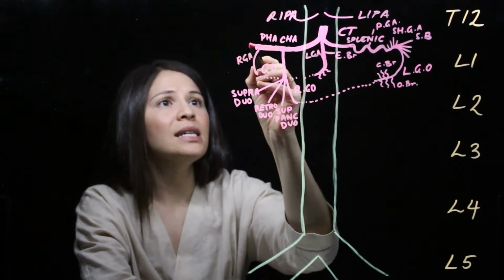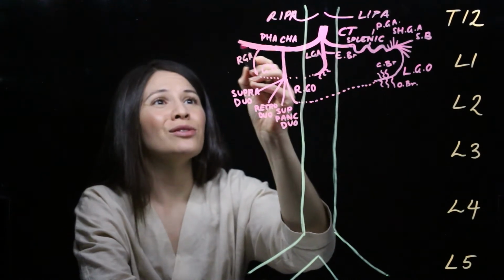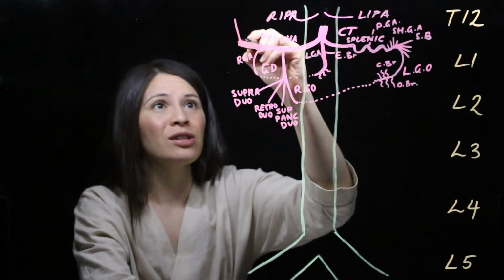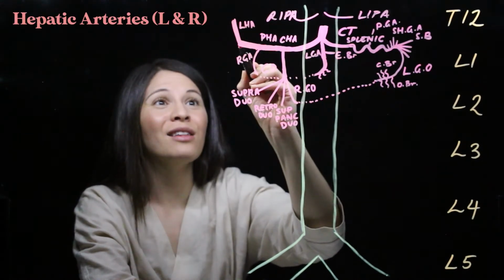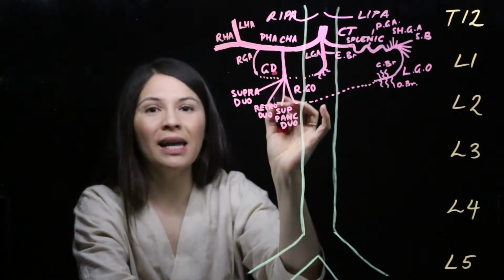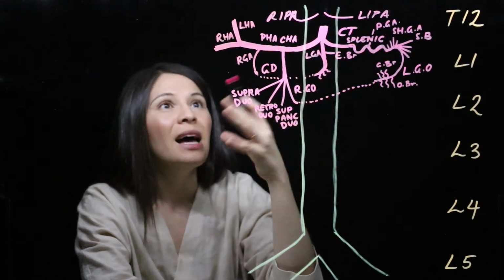Okay, so continuing on as proper hepatic artery, it's then going to get towards the liver. And when it gets into the liver, it's going to branch off into the left hepatic artery and the right hepatic artery. And so the hepatic arteries are bringing oxygenated blood to the liver.